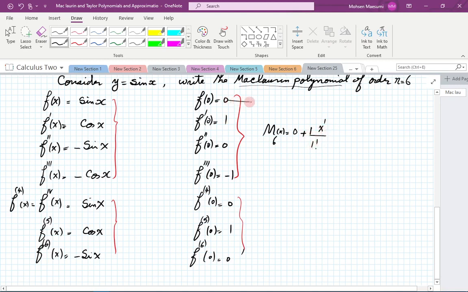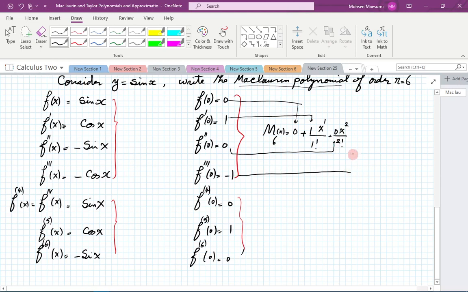So this one, we are going to have lots of numbers that look like each other, but let's keep track of. So this is 1. 2, well, that one turns out to be 0. X to the power of 2 over 2 factorial. 0 here means, well, you don't need to actually bother with it, you don't need to write it.